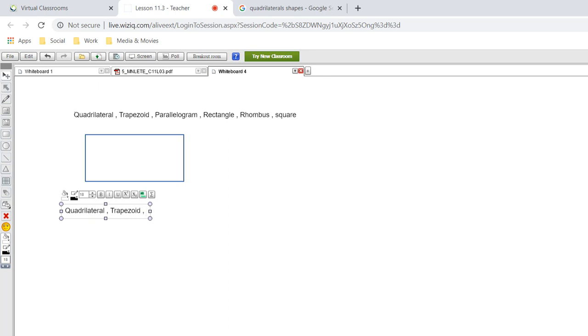And then rectangle or parallelogram, guys? After trapezoid, parallelogram. And then rectangle, because we have here perpendicular sides, rectangle. Okay, let's see another shape.